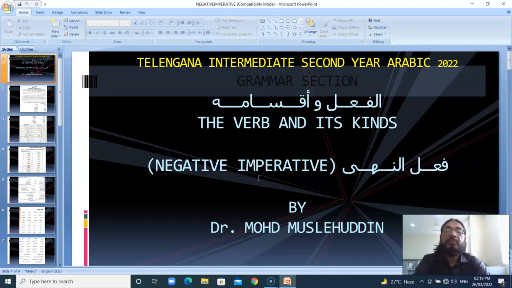So taktubu is a present tense, you have to write uktub. Taftahu, you have to write imperative tense iftah. Tadkhulu, you have to write udkhul.